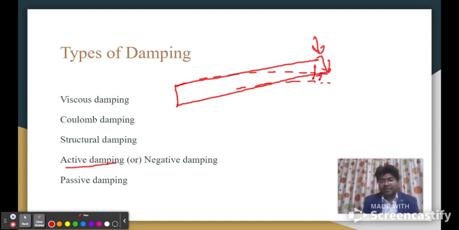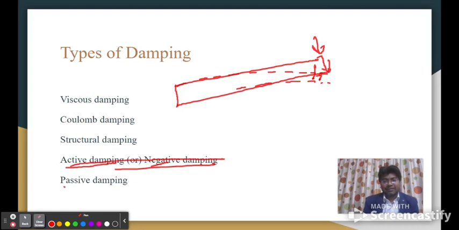Now, active or negative damping. Active damping refers to the energy dissipation from the system by external means, such as control actuators. This is called active or negative damping.